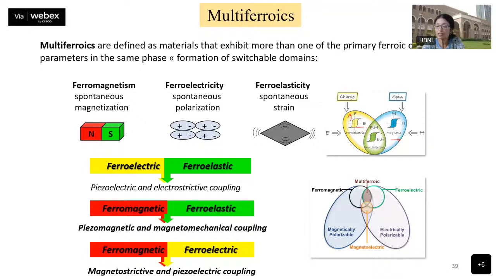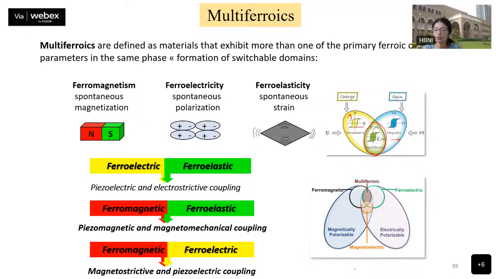Multiferroids form a very special type of material where if you change the electric field, you find a change in the magnetic polarization, or you change the magnetic field and you find a change in the electric polarization. So you see E, H here and P, M there. This is nothing but a multiferroic material. This is on the cusp of both ferroelectric as well as ferromagnetic material.